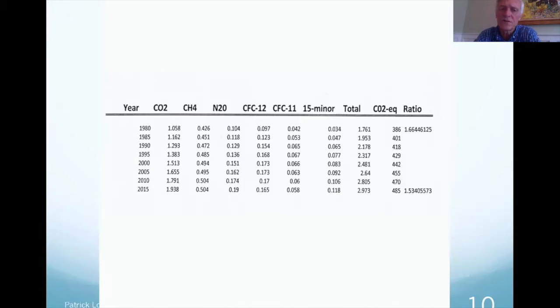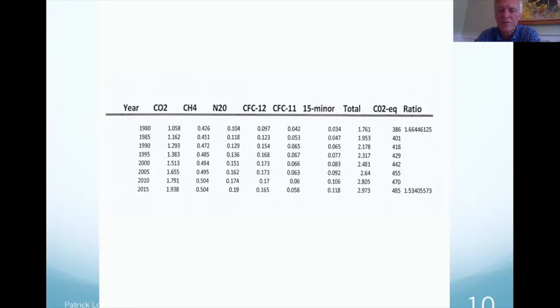If you go over to the left, you see the years, and next to those, the effect of CO2 in watts per square meter. This table is in watts per square meter, and it's saying that in 2015, the CO2 all by itself created 1.938 watts per square meter, right, of imbalance at the top of the atmosphere.